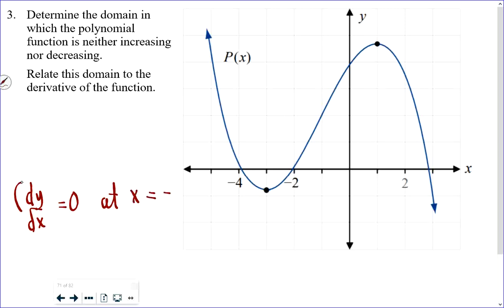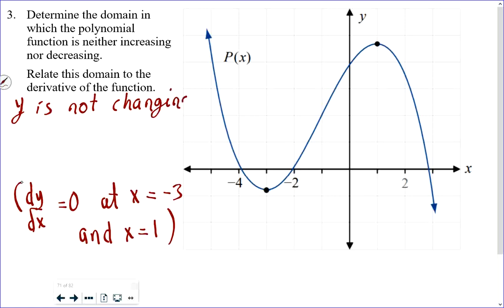And the derivative equals 0 at x equals -3 and x equals 1. So y is not changing. It's not increasing and it's not decreasing at x equals -3 and x equals +1. Graphically, that can be represented by this.